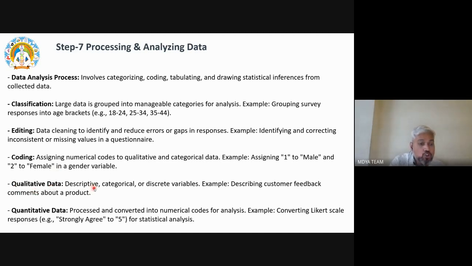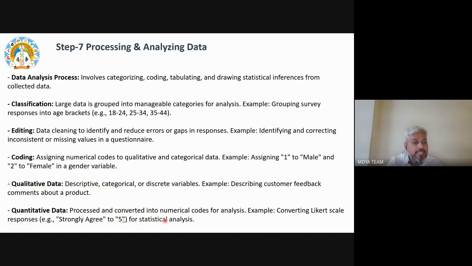When you analyze data, there are two types of data: qualitative data and quantitative data. Qualitative data is descriptive, categorical, or discrete variables. For example, describing customer feedback comments about a product is qualitative data. Quantitative data is processed and converted into numerical codes for analysis.